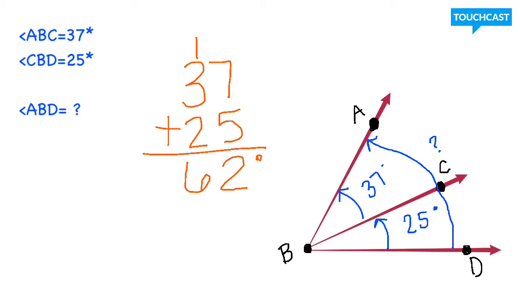So that means that angle ABD is 62 degrees. In this example, we found the missing angle, which was the larger angle, by composing or putting together the smaller angles.